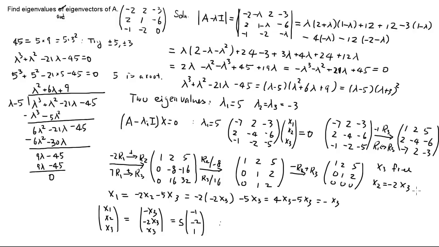We only need to take one eigenvector, so we say the eigenvector over here is simply negative 1, negative 2, 1. We will finish the last part of it in another video because this is getting too long.